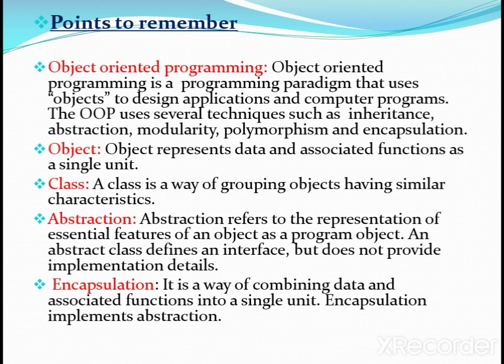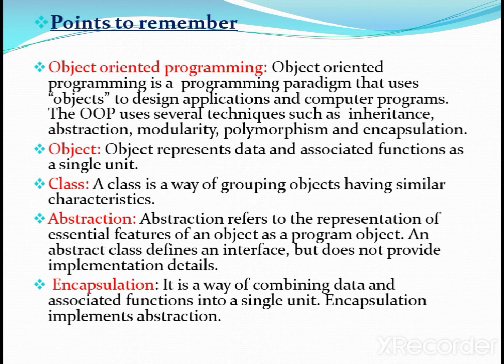And OOP uses several techniques such as inheritance, abstraction, modularity, polymorphism and encapsulation. Next, object. An object represents data and associated member functions as a single unit. Class. A class is a way of grouping objects having similar characteristics.